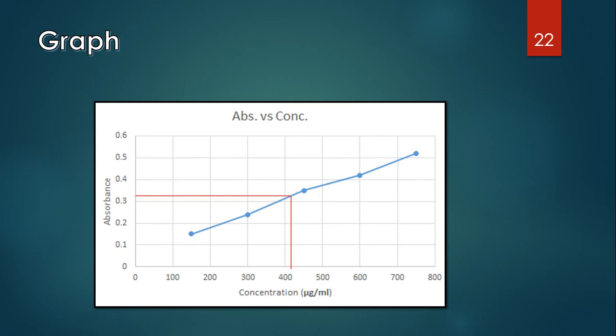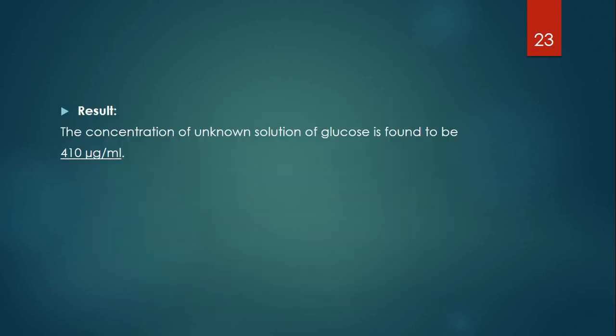So from the graph we can say concentration of unknown glucose solution is found to be 410 microgram per ml. So the result is concentration of unknown solution of glucose is found to be 410 microgram per ml.